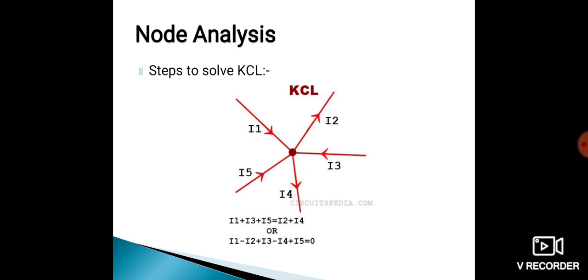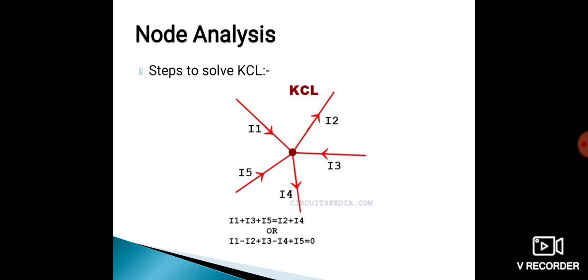So incoming current total is I1 plus I3 plus I5 is equal to the sum of outgoing current. The outgoing currents are 2 currents, I2 and I4, so they are written on the right hand side, I2 plus I4. So we have written in the first line I1 plus I3 plus I5 is equal to I2 plus I4.